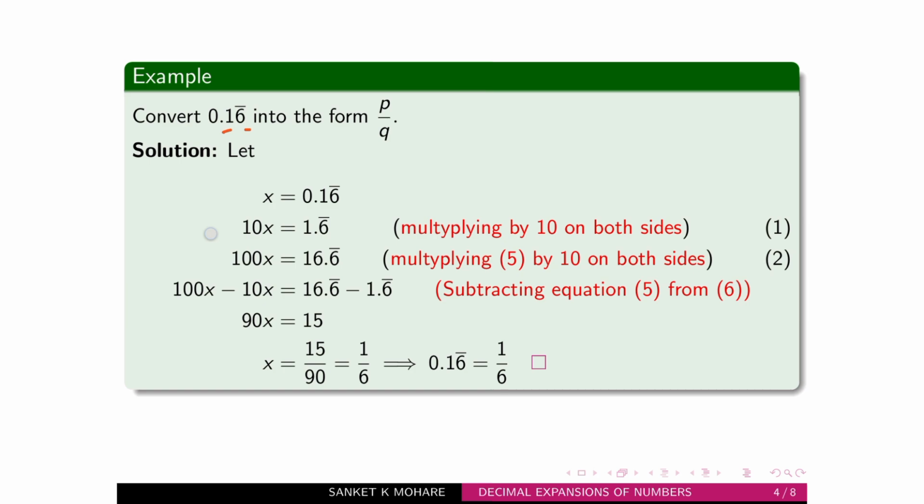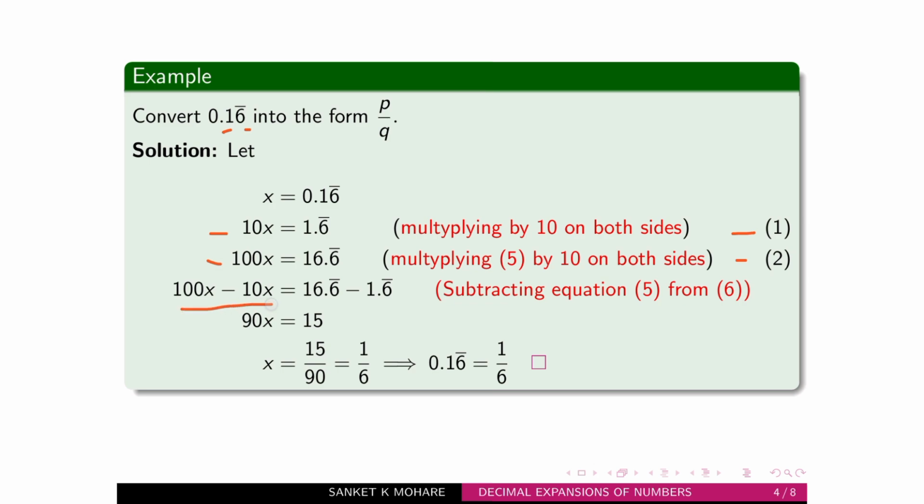Now 6 bar is the repeating digit. We have to multiply equation 1 by 10. So 10 into 10 is 100x, and 10 into 1.6 bar is equal to 16.6 bar, which is equation 2. Now subtracting equation 1 from 2, 100x minus 10x is equal to 16.6 bar minus 1.6 bar.